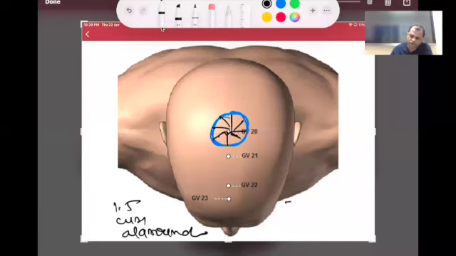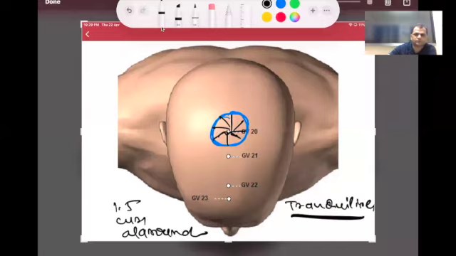And DU20 is the tranquilizer point. So it is calming down the brain and releasing the pain. And EBBC in the sujok, we'll see the location in the sujok shortly.